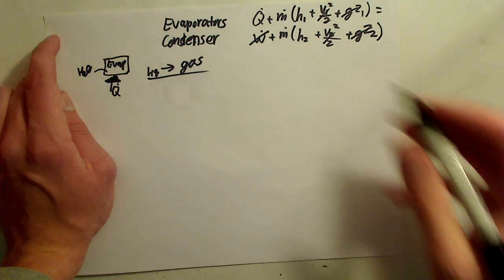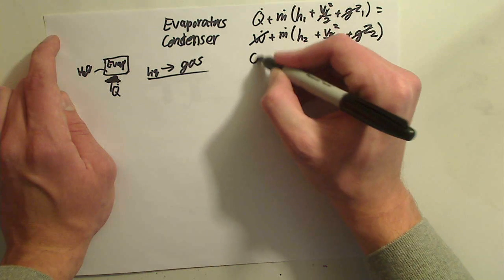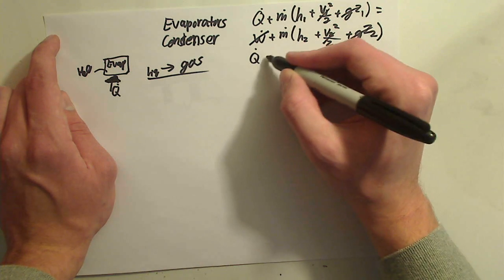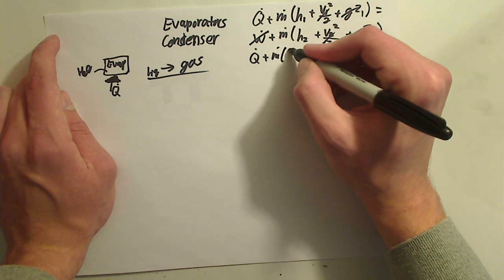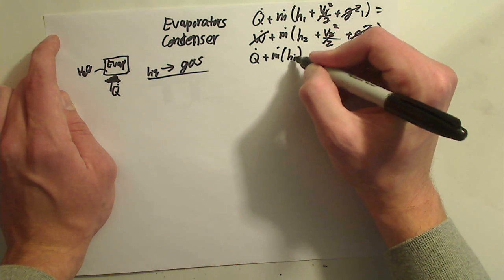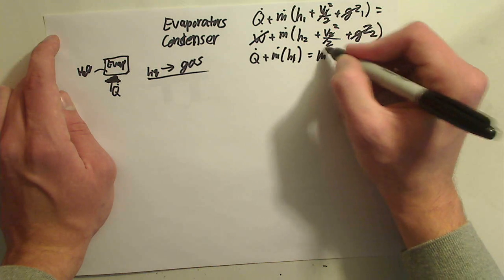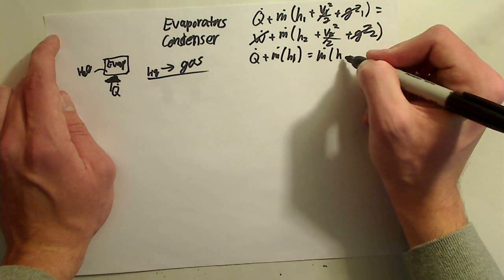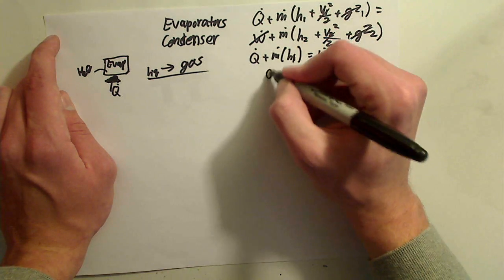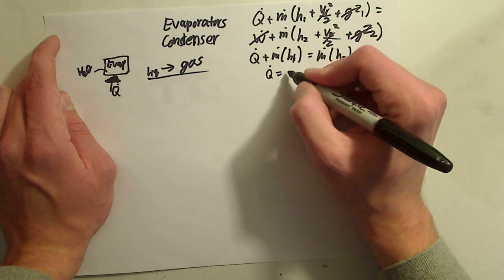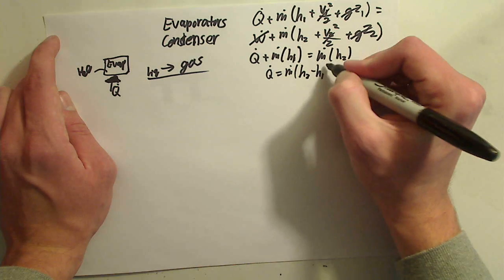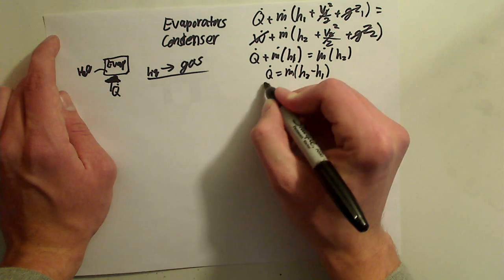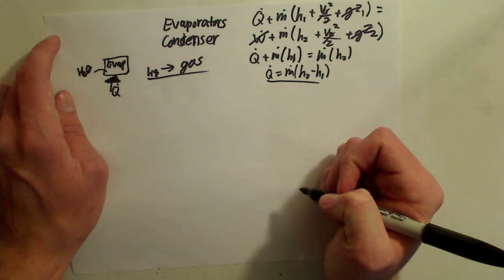So all we really have is heat in plus mass flow rate times enthalpy in equals mass flow rate times enthalpy out. So heat transfer is mass flow rate times H2 minus H1. And that's it. So let's do a quick example problem.